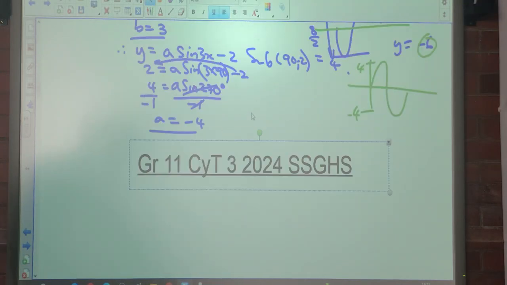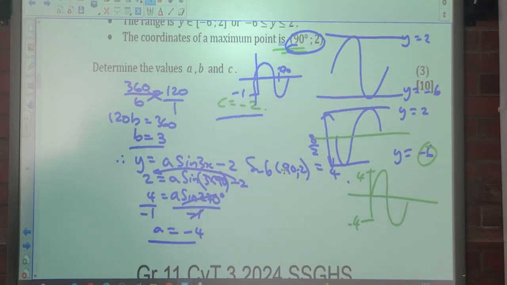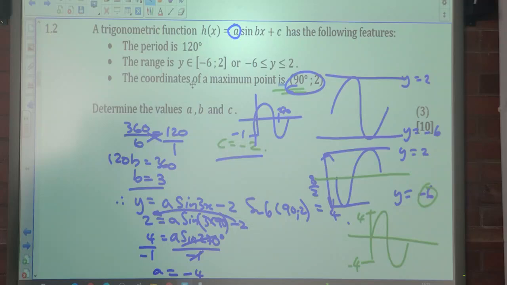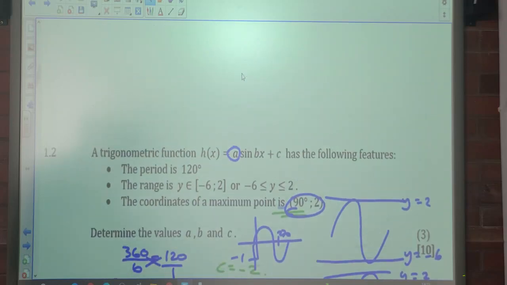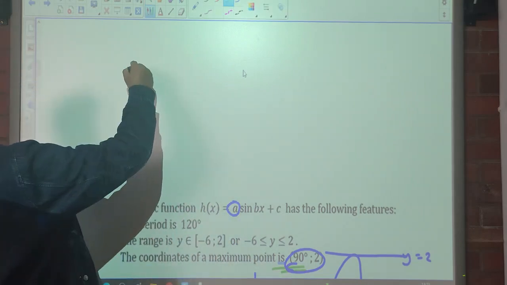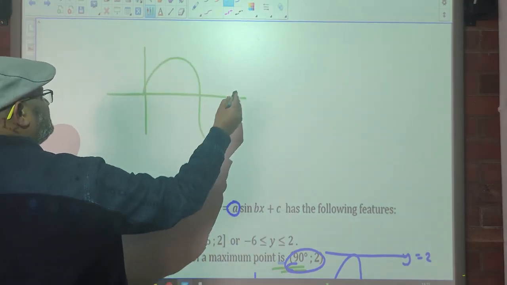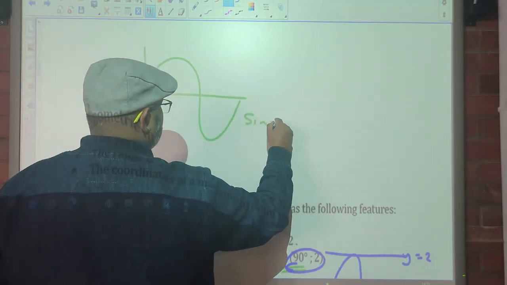Yes? How do you know that c is negative 2? Because if we look at this graph here, you agree it's a sine graph. Yes. Right. So if you're looking at the sine graph, that's a basic sine x graph.